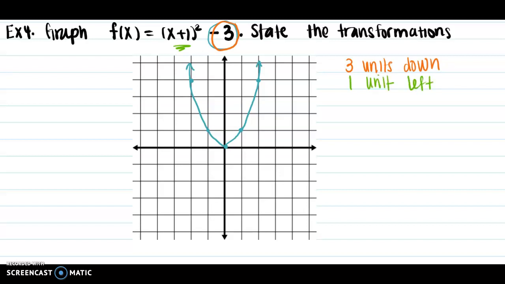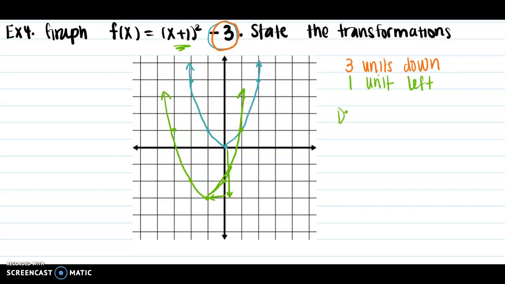Because remember, it does the opposite when it's on the inside. So that means each one of those points from the parent function, you're going to move 3 units down and left 1. So 3 units down and left 1, and each one of those. All right, and that would be our function.